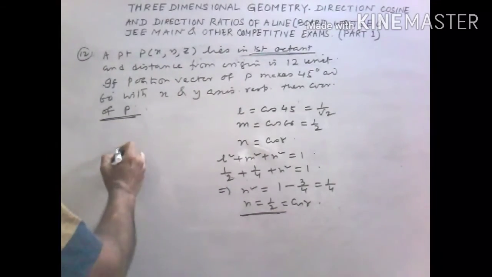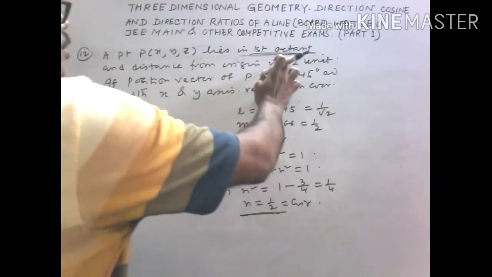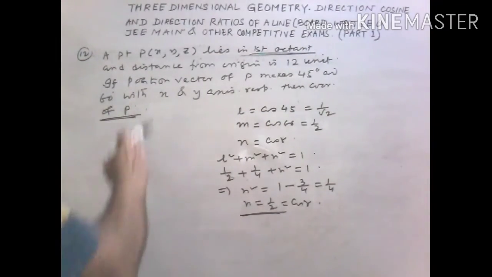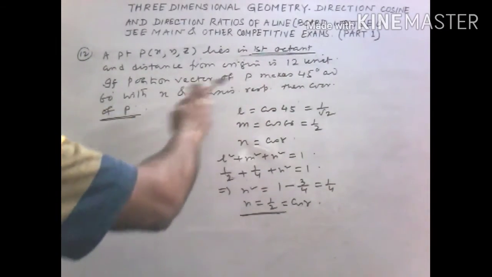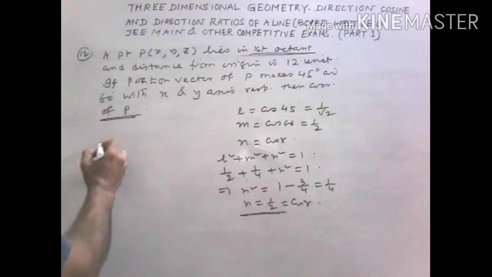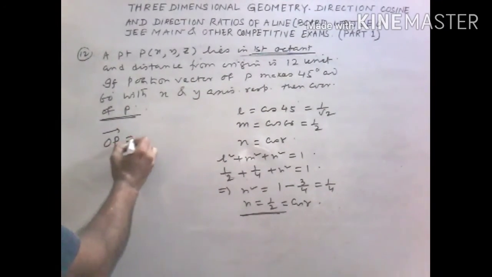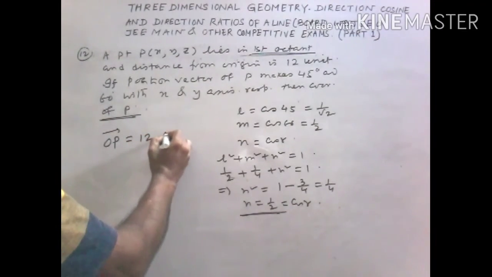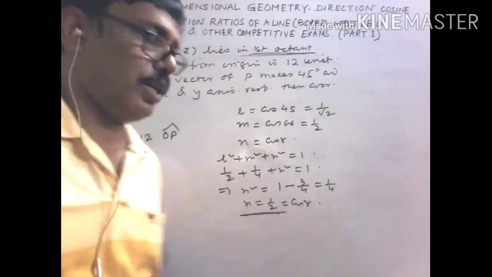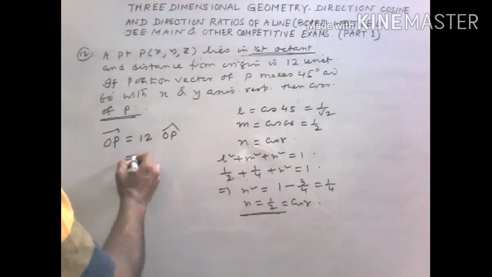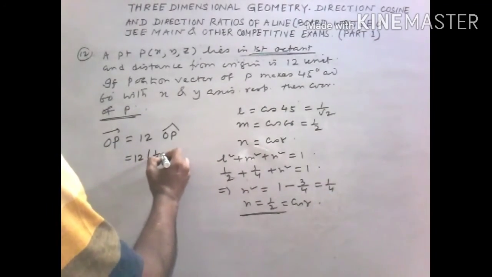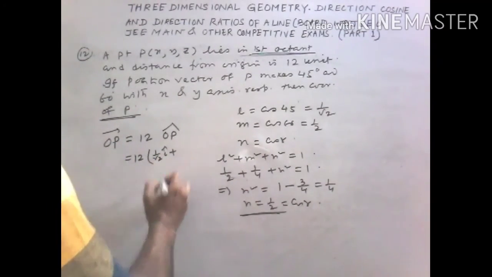Now O is 0, 0, 0 and P's length from origin is 12 unit. So the position vector of P is this, find coordinate of P. So what is OP vector? OP vector, 12 is magnitude. So 12 into OP cap. So look, L into i cap. What is L? L is 1 by root 2.